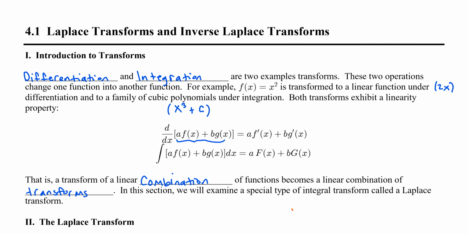That feels like moving a constant out in front of a differential operator to differentiate the function of x, or moving a constant in front of the integral sign and then integrating the function of x. So at this point, you know two basic transforms, differentiation and integration, and both of those are linear transforms.